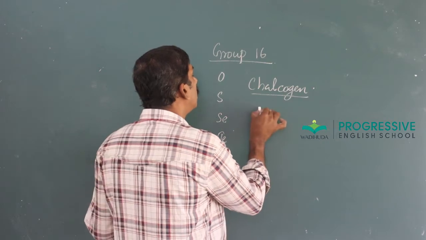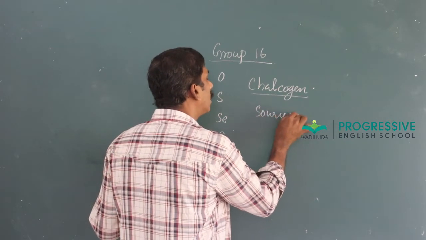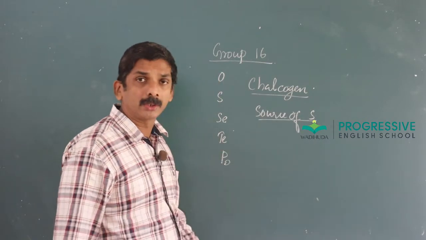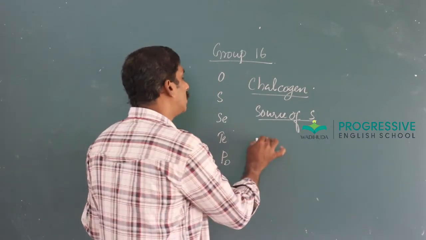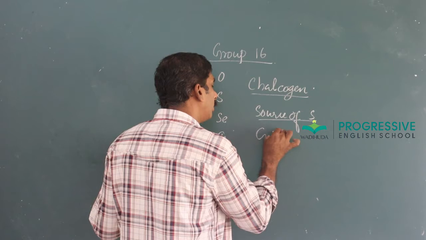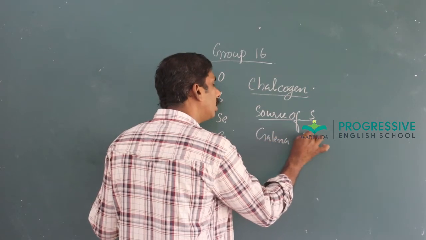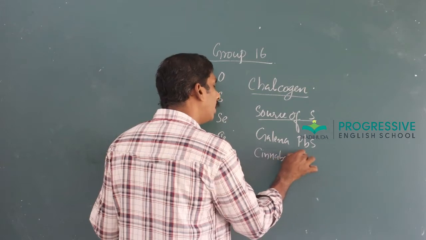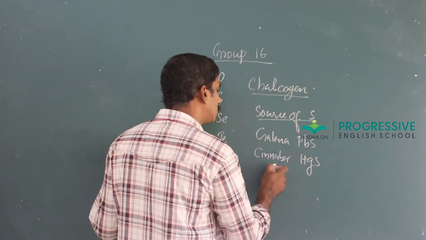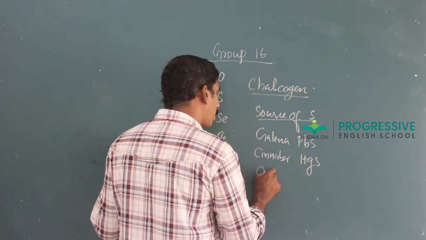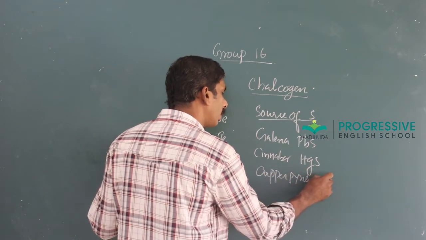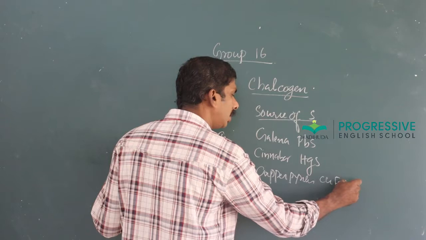And we can say the important sources of sulfur: sulfur is mainly present as galena, which is PbS. Cinnabar is HgS. Copper pyrites, CuFeS2.